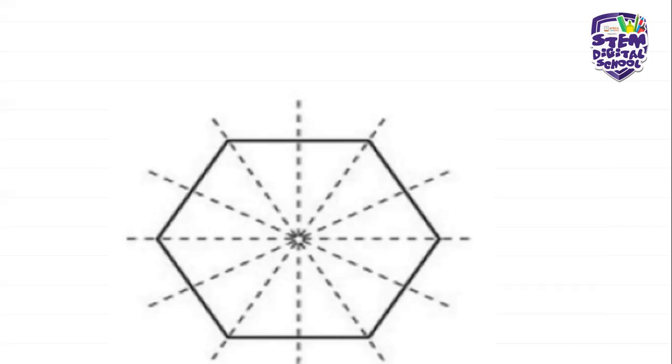And now we have got a six-sided figure here, also known as the hexagon. And as you can see, we have more than one line of symmetry. You can actually draw more than one line of symmetry in this particular figure.